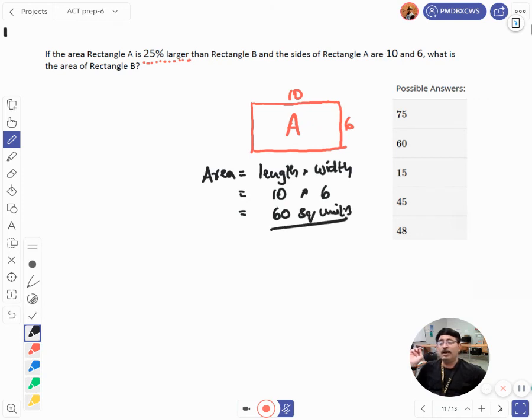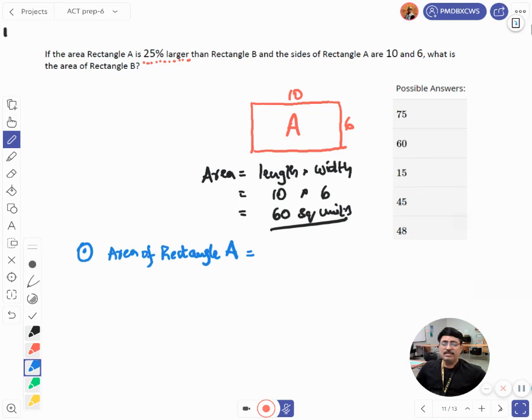Now, this is the tricky part, so please be attentive. Let me write that area of rectangle A is 25% larger than rectangle B.